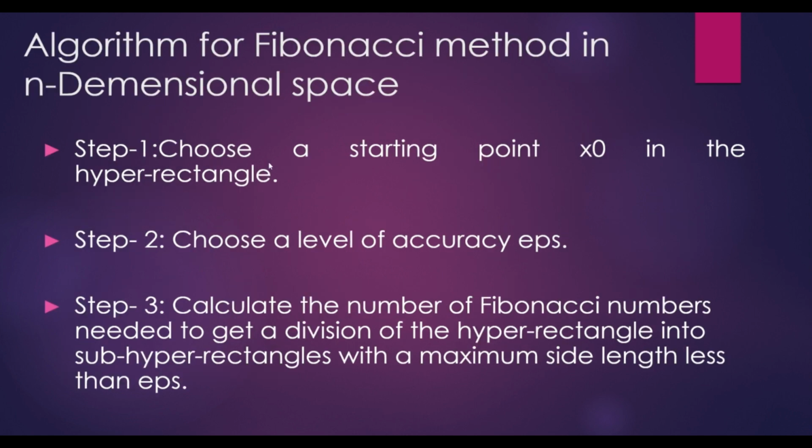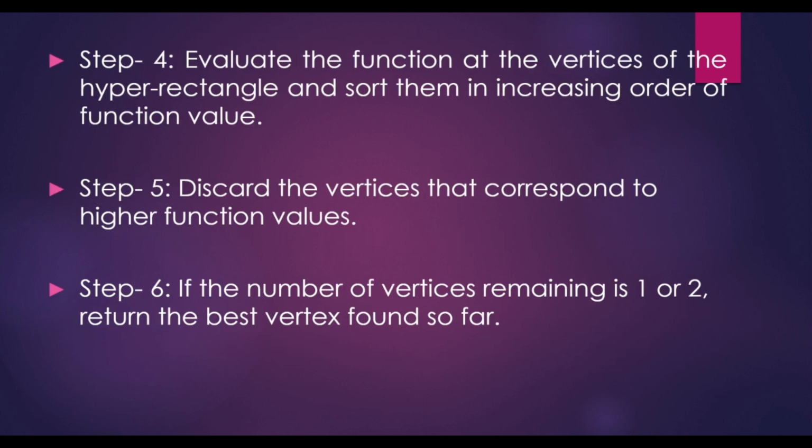Now I will explain the algorithm of the Fibonacci method in n-dimensional space. Choose the starting point x naught in the hyperrectangle. Choose the level of accuracy epsilon. Calculate the number of Fibonacci numbers needed to get a division of the hyperrectangle into sub-hyperrectangles with a maximum stride length less than epsilon. Now after that, evaluate the function at the vertices of the hyperrectangle and sort them in increasing order of the function value.